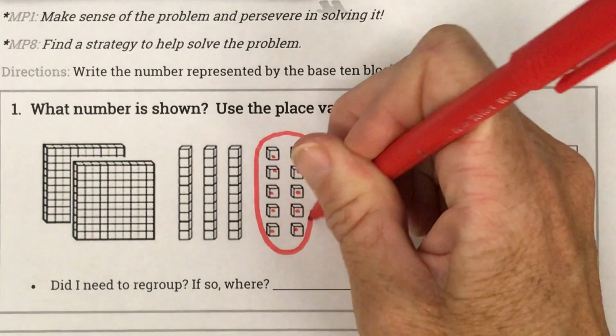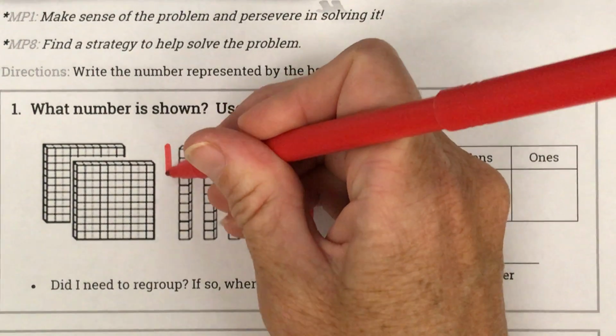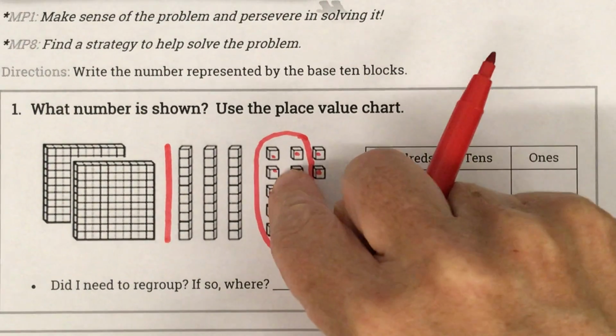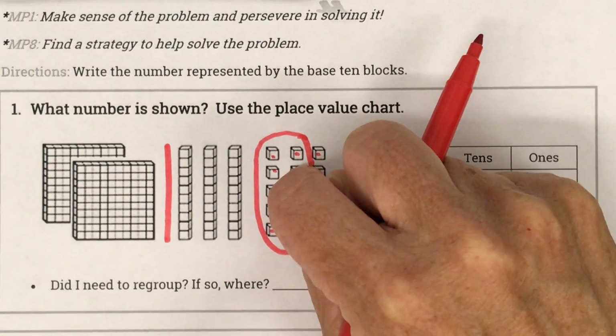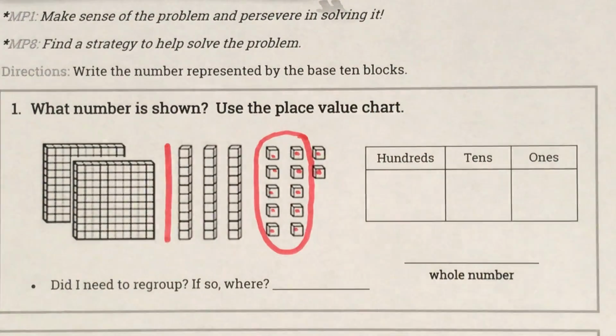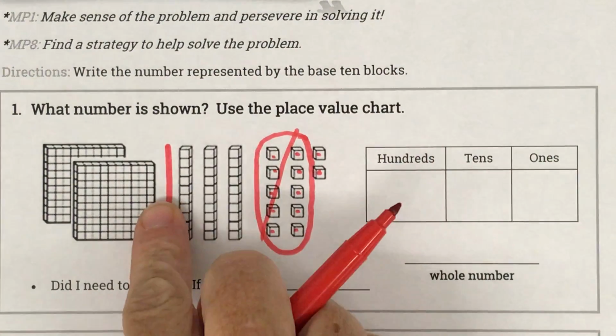I'm going to bundle those, and those are going to turn into a 10 rod. So I took those 10 units and instead bundled them and made them a 10 rod. I don't really have those anymore because I moved them over here.